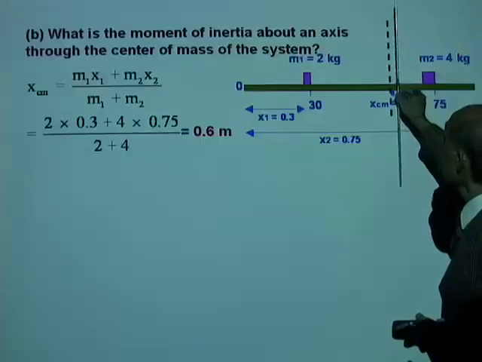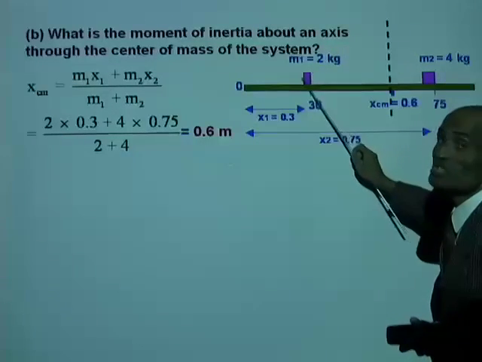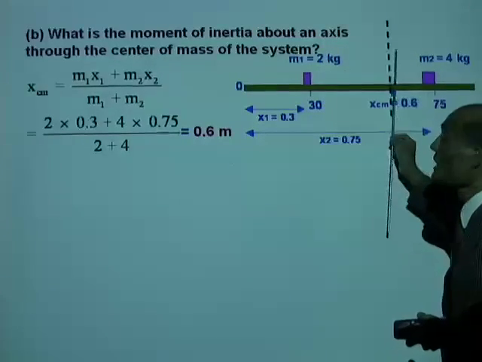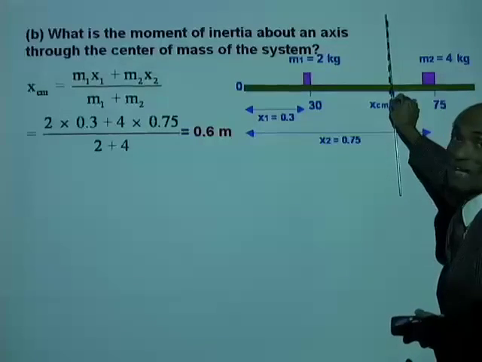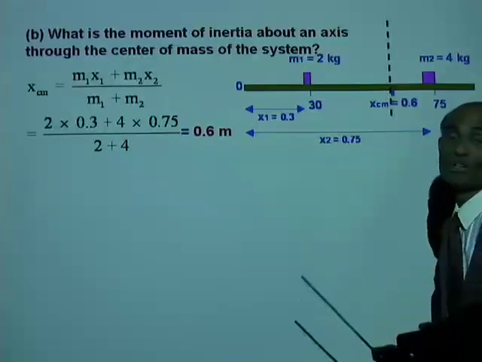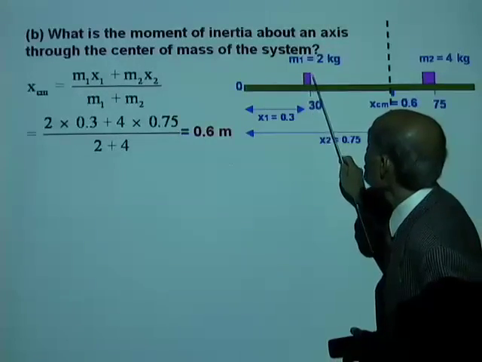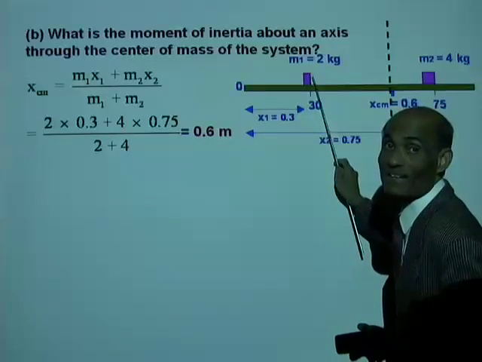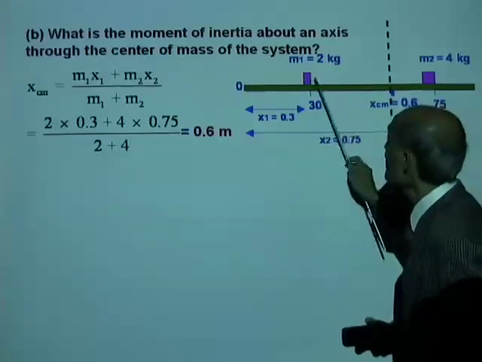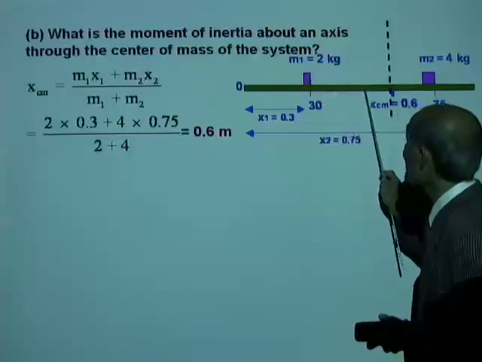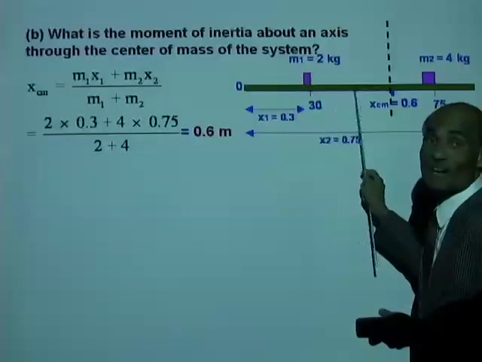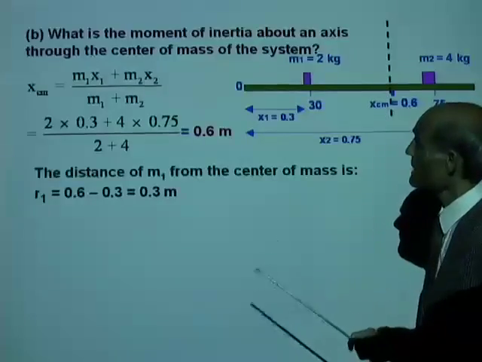We now need to find the moment of inertia of these two objects about this axis that passes through the center of mass. Well, the moment of inertia of M1 about that axis will be M1 times the square of this distance. Is that right? Okay, let's put that down.